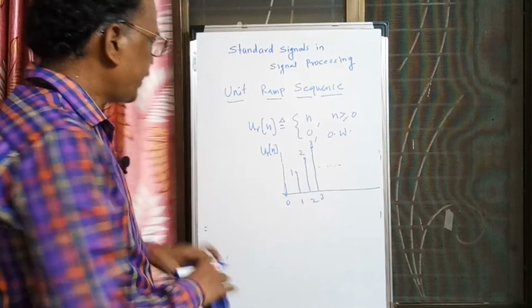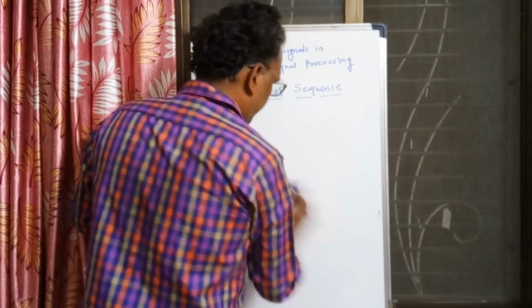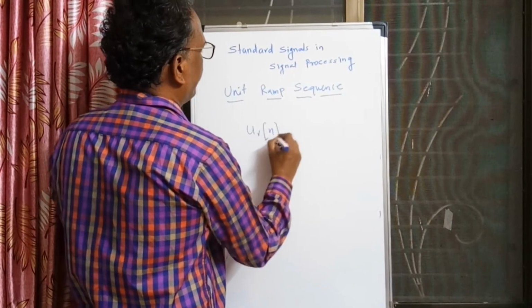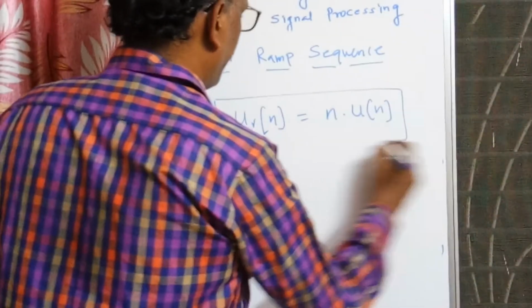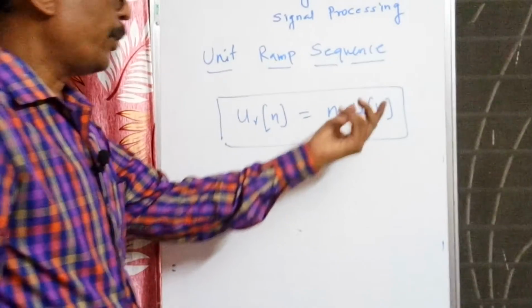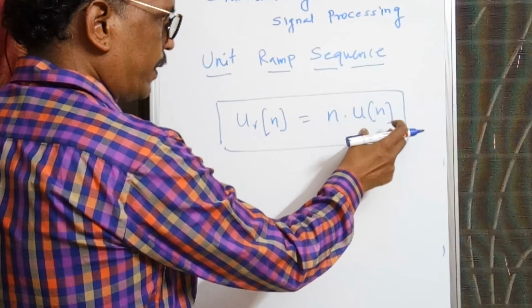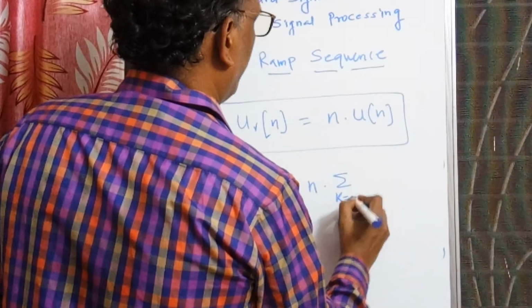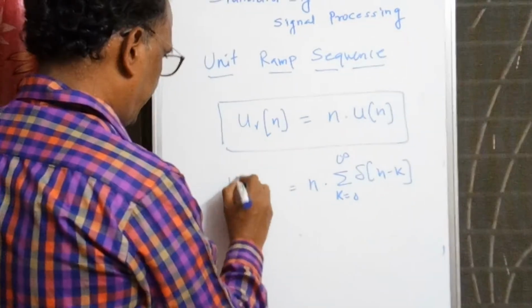The unit ramp sequence you can also write in terms of the delta function as well as in terms of the unit step function. I told you that ur[n], the unit ramp sequence, is equal to n times u[n]. So there is a relation between ur[n] and the unit step sequence. And we know that u[n] can be replaced by whatever formula we have for the delta function. The same thing can be used: n times the summation k equal to 0 to infinity of δ[n-k], which is your ur[n].